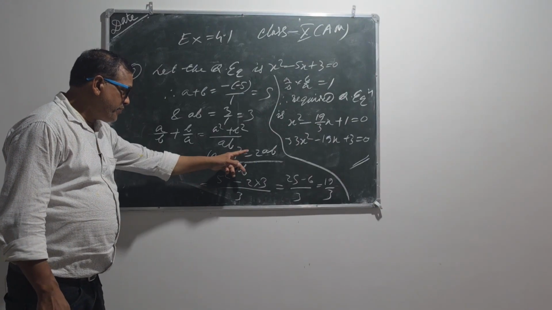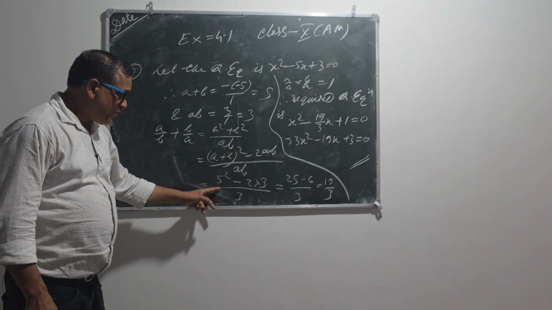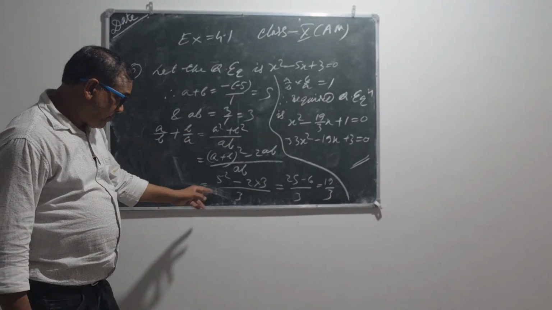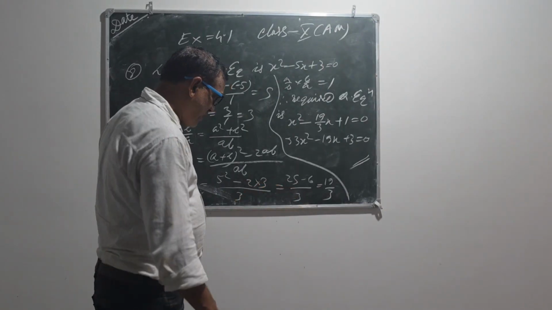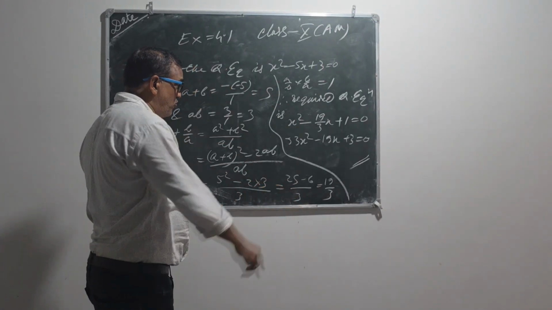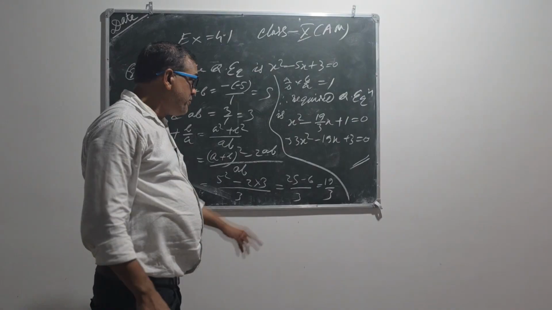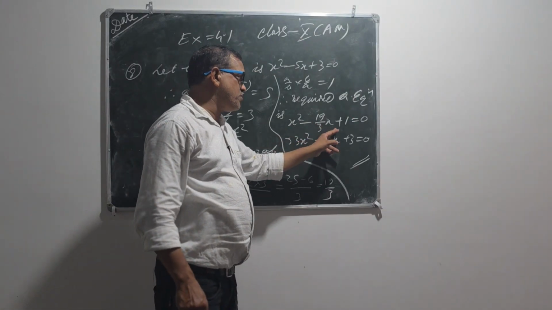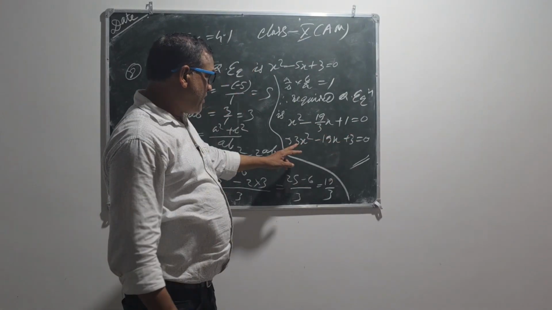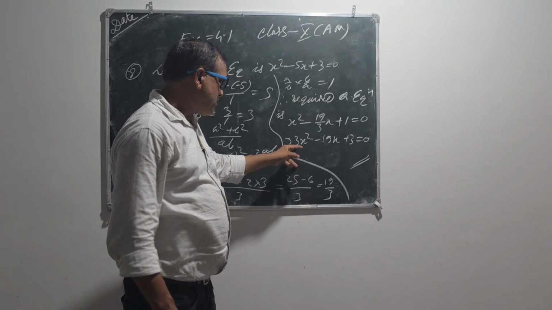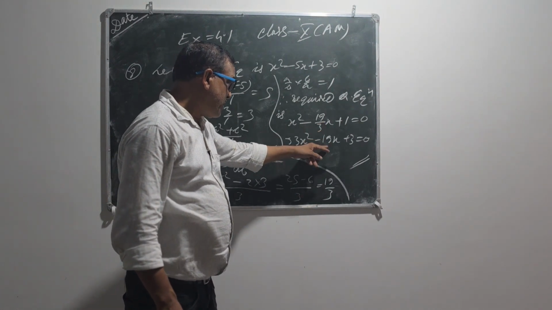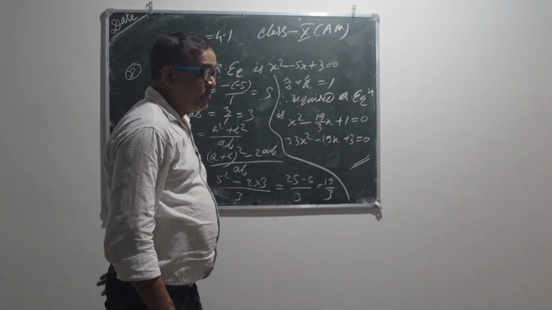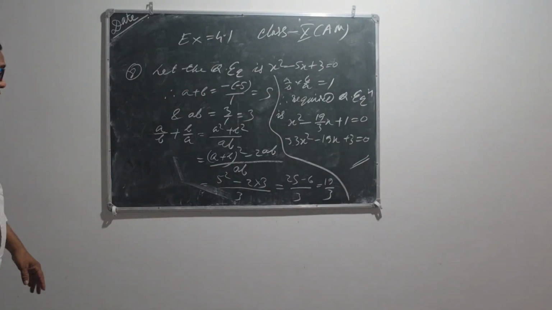A plus b is 5, ab is 3, so 25 minus 6 is 19 by 3. The product of the roots is 1, so the required quadratic equation is x square minus sum of the roots into x plus product of the roots equal to 0. Let us multiply both sides by 3: 3x square minus 19x plus 3. So in this way we can solve this problem.